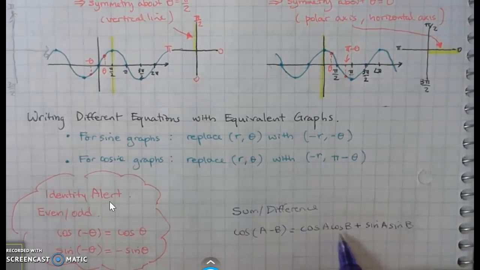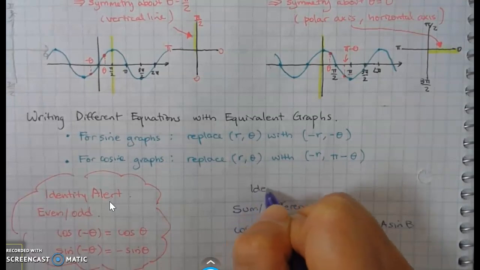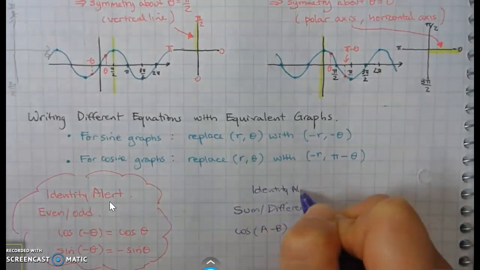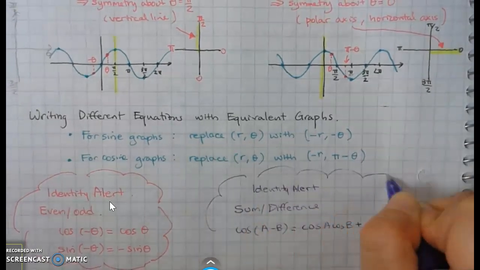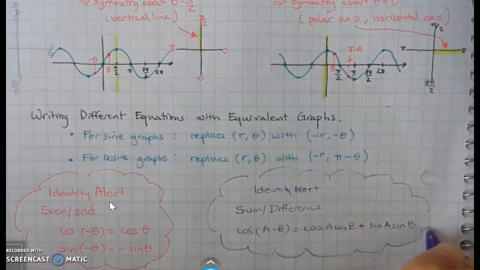So cosine, cosine, sine, sine. That's the other identity alert. Keep that in mind as we are trying to solve some example problems.